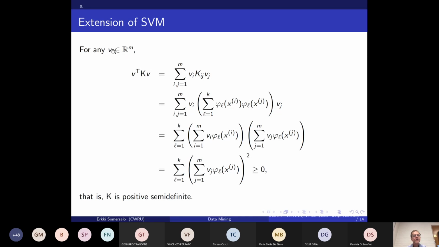So take any vector which is in R^m, where m is an arbitrary integer, and then define a matrix K_ij, and this K_ij is this kernel function which is defined on arbitrary points x_i and x_j. So these x_i and x_j need not be data points.